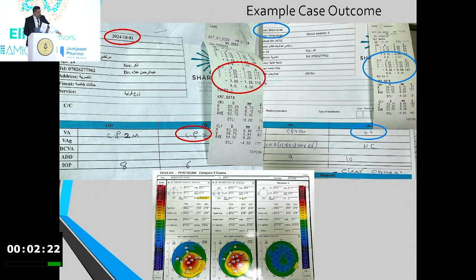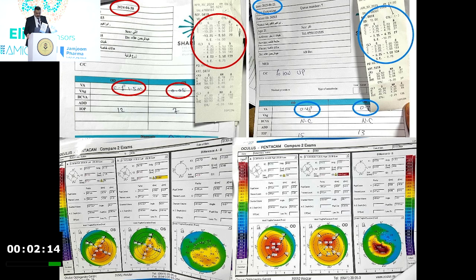And at the bottom is the Pentacam shape. This is another patient. Also, I did both eyes of this patient, and you can see the reduction in the refraction, in the myopia and in the astigmatism, and the cornea becomes more regular. And this is the difference map of the patient.